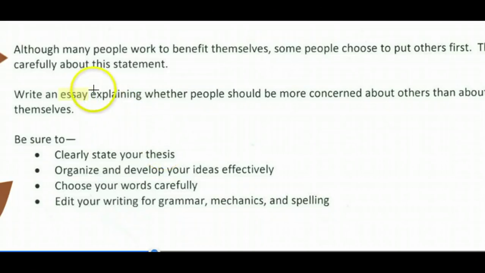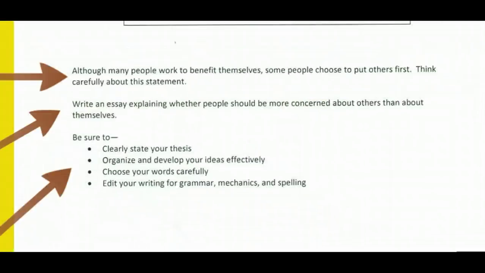And in that essay, I'm supposed to be explaining, all right? And what am I explaining? Whether people should be more concerned about others than themselves. I would probably highlight that too because that's an important idea. But that way we know specifically what we're trying to do. Highlighting those keywords will give you the clearest idea to focus on when you start your piece of writing.